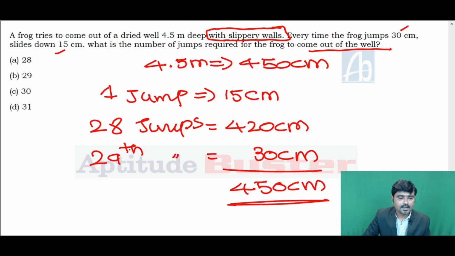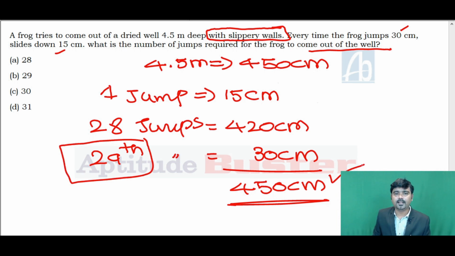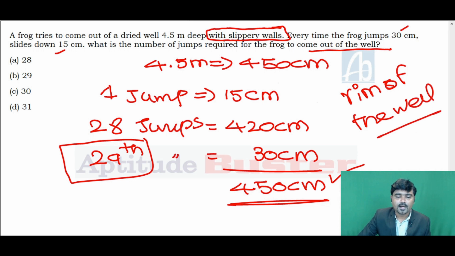In this case, in the 29th jump itself, it covers 450 centimeter. That means it comes to the rim of the well. Okay, and there are no slippery walls here. So in the 29th jump itself, it covers 4.5 meter.